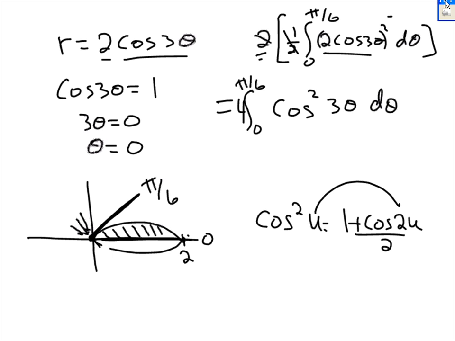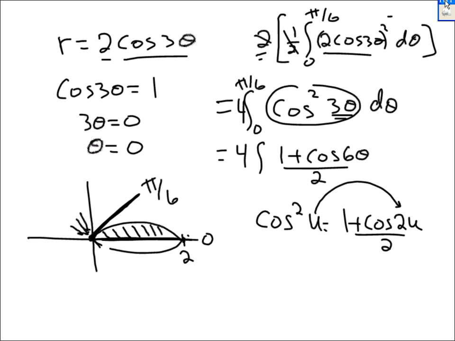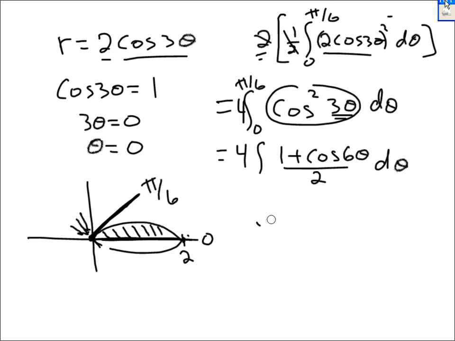Whatever the angle is, it gets doubled. So it's 1 plus cosine of twice that, 6 theta, over 2 d theta. You have to know the half angle formula, or maybe the double angle formula. It doesn't matter what we call it, you have to know it.